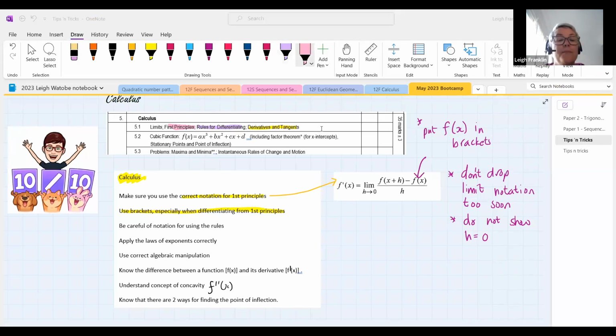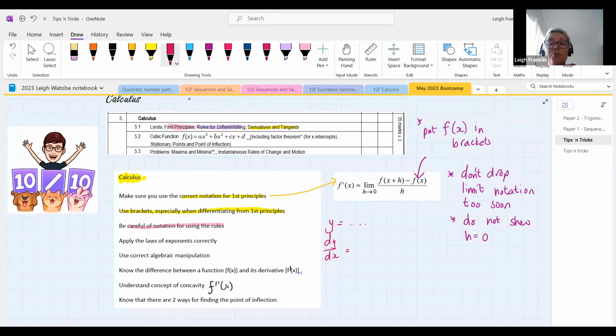The next thing that we need to be careful of is our notation when we are working with the rules. In other words, if they give us a function in the form y equals, only when we apply your power rule do you then write dy over dx.